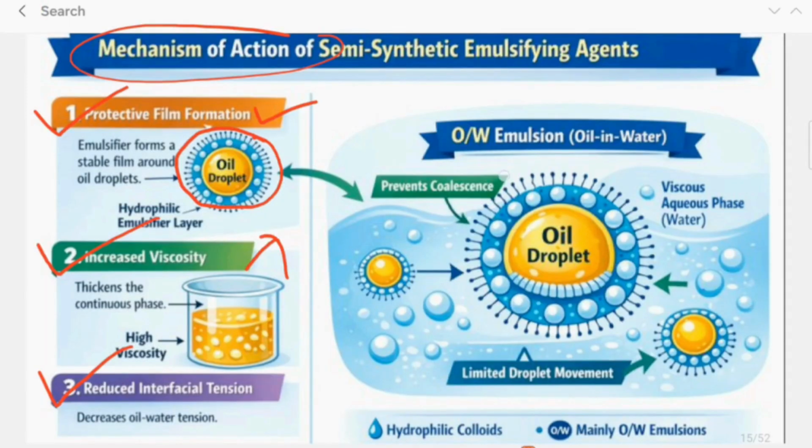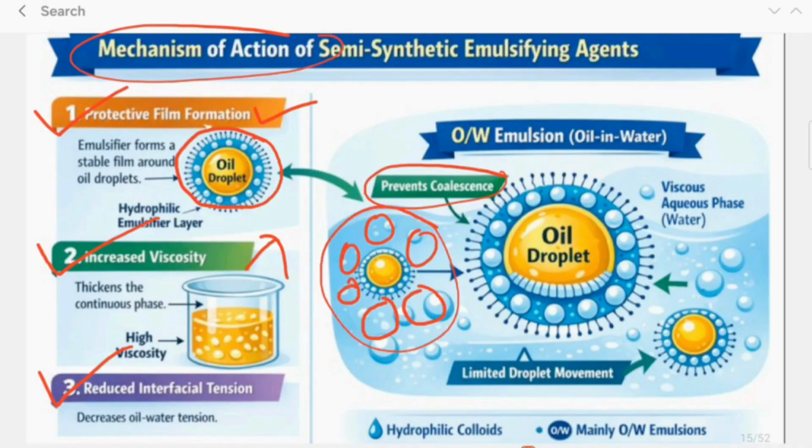It prevents coalescence, meaning it prevents other globules from joining this globule to form a larger globule, which would cause instability in the emulsion. That can be avoided because a protective layer forms around the dispersed droplet, so no other droplet will easily merge with it.